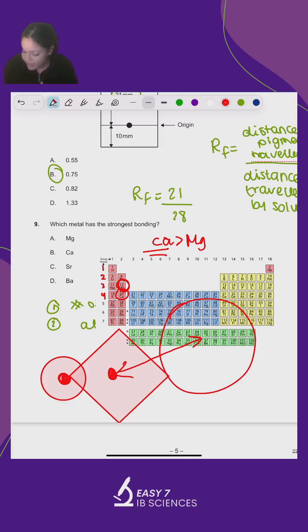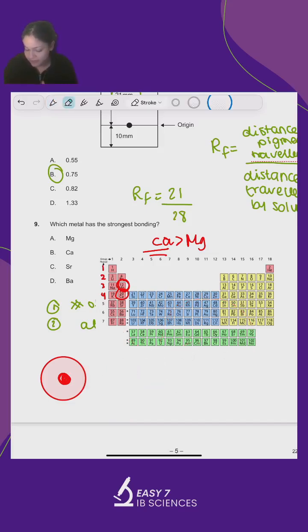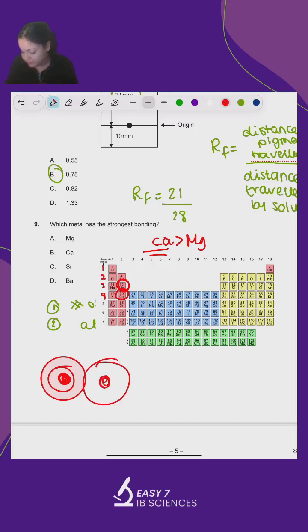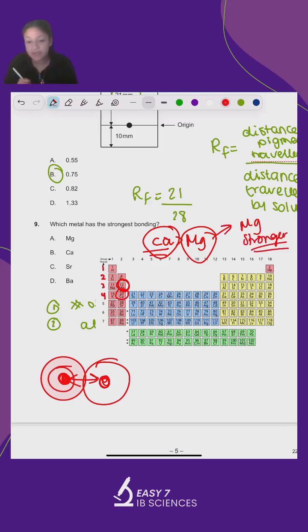If I have two molecules with small atomic radius, they're closer together, and because they are closer together, that bond is going to be stronger. So out of calcium and magnesium, magnesium is stronger, because of that reason.